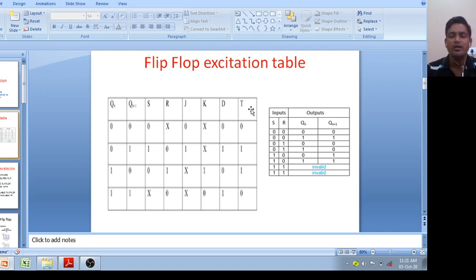Last one, the T flip-flop. You know the characteristic equation of the T flip-flop: Qn plus 1 equal to T XOR Qn.